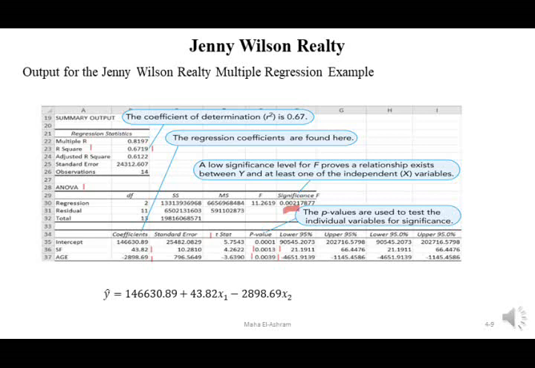So in our case, this model explains 67% of the variations that happened in the selling price of the houses. This is an indication that this model is a good one.